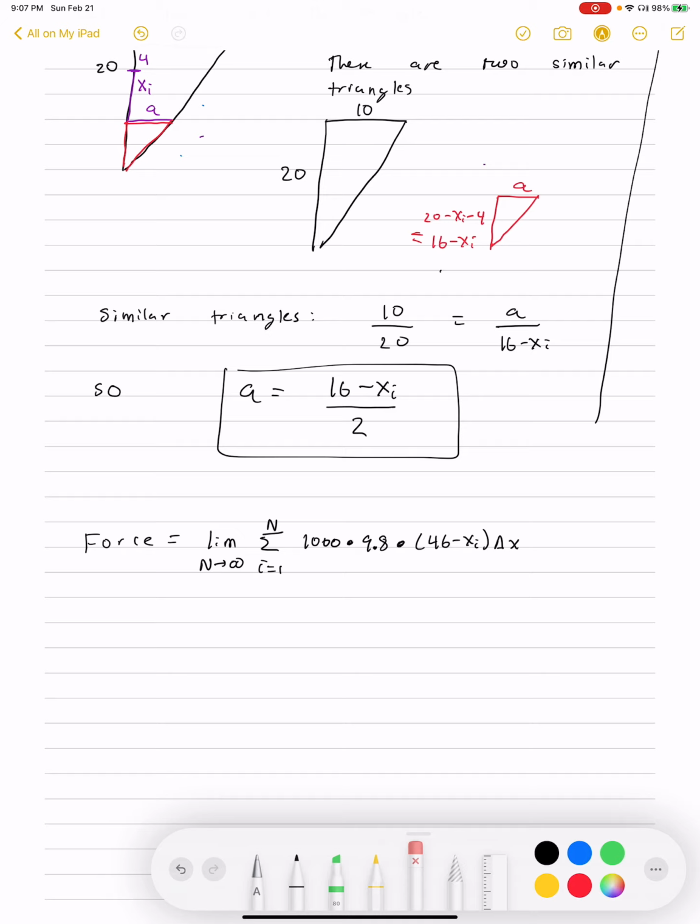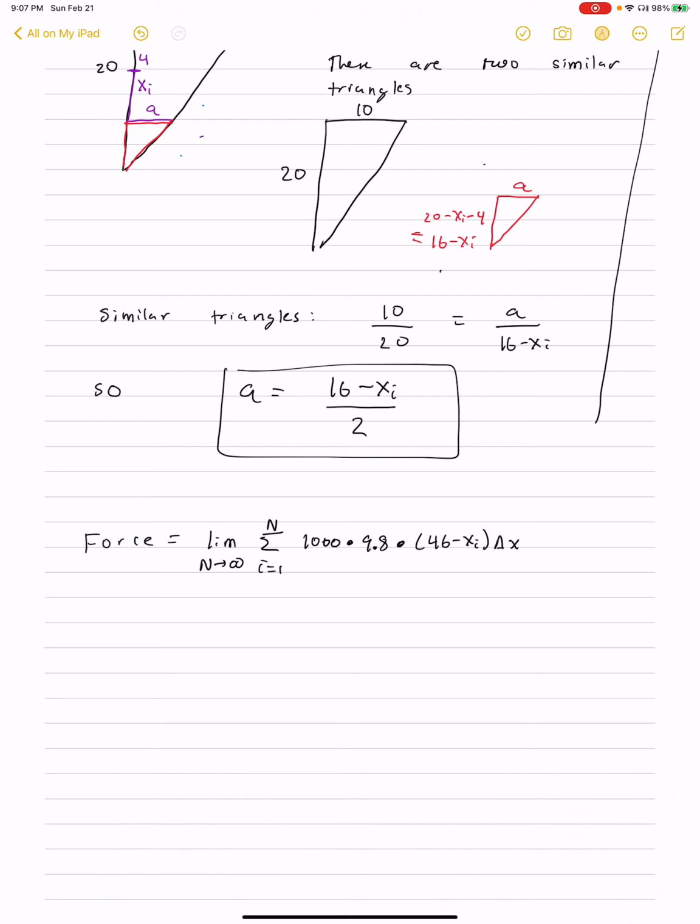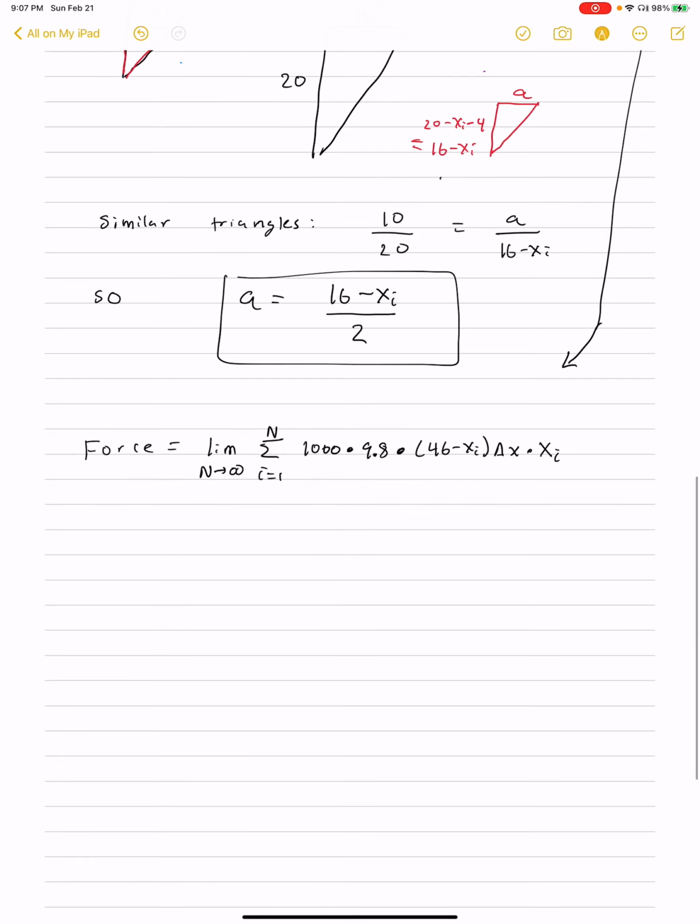So multiply by x sub i. Okay. And now, as I take this limit as n goes to infinity, this becomes dx, this becomes an integral, and I just need to decide, this is the integral from a to b.